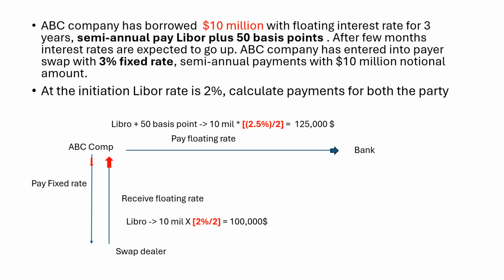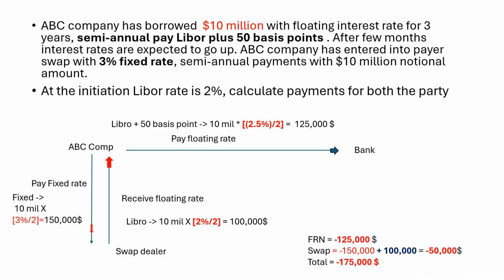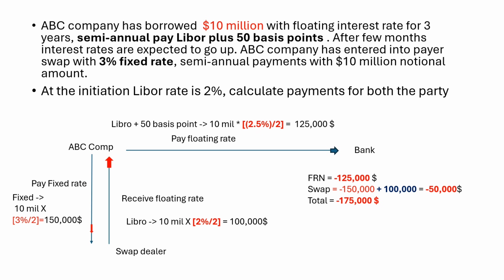For the time being, 3% divided by 2, which is 1.5%, into 10 million, which is $150,000. So let's see the total. We have minus 125,000, and the swap is minus 150,000 plus 100,000, that is the swap deal is going to give minus 50,000. So in total this company will pay minus $175,000.